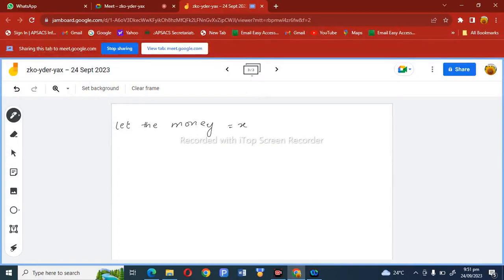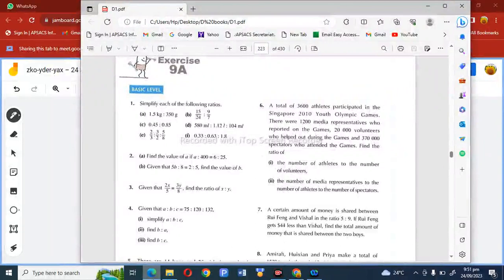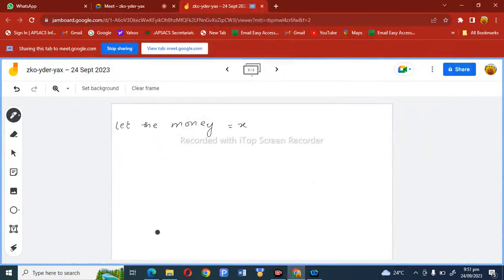Now the ratio, as you can see that it's written in question 7, a certain amount of money is shared between Rui Fang and Vishal in the ratio 5:9. It means that Rui Fang's money is 5x and Vishal's money is 9x, because we have assumed that the money is x. So Rui Fang's money, according to the ratio, is 5x, and Vishal's money would be 9x.